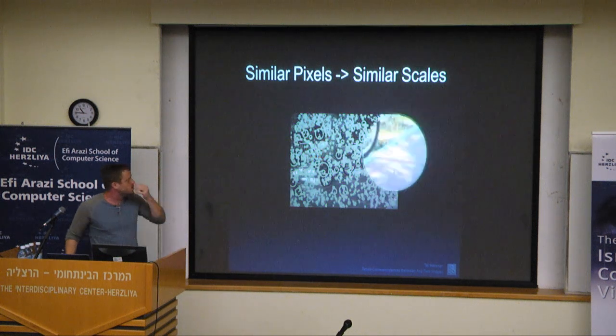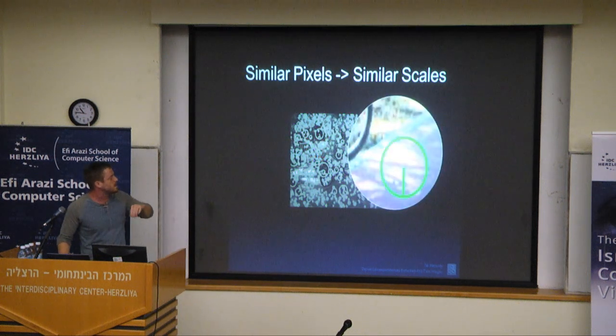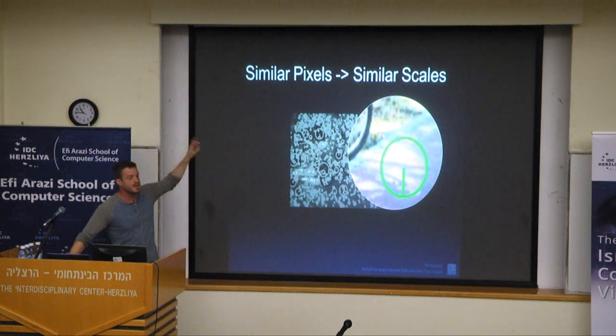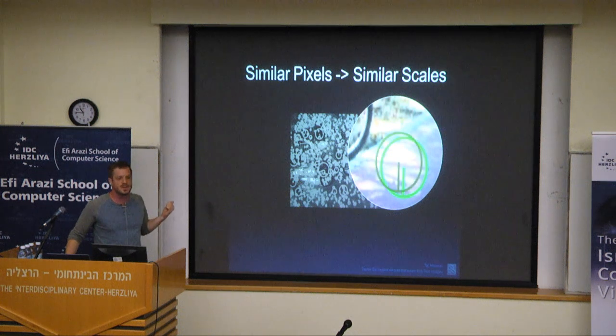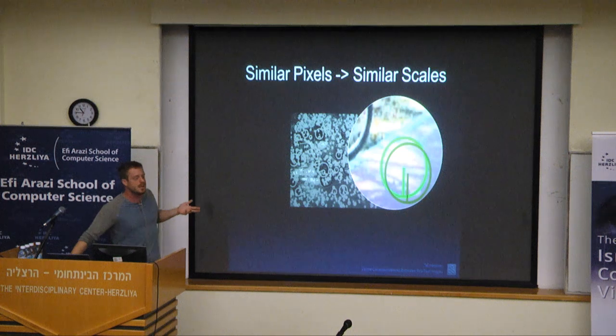So let's just zoom into one region of this image, and let's say that we found a detection here, and the radius of this circle reflects its scale. So what we're essentially saying is that the pixel immediately to the left of it and to the right of it could actually use the same scale.